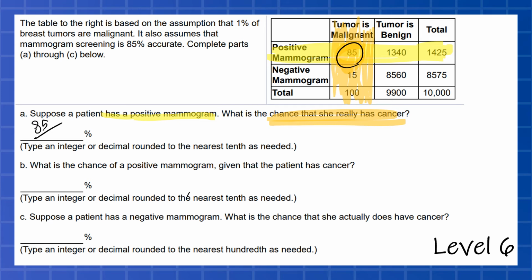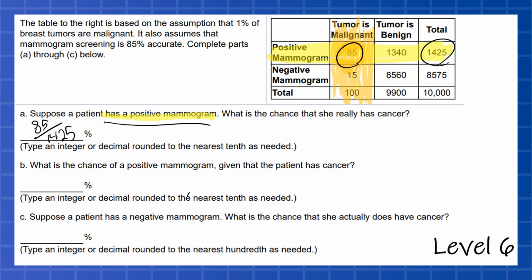But we're not talking about the absolute, we're not talking about the big picture, so don't put 10,000 on the bottom. When we talk about total, we need to ask, total of what? Total of the context. We said, first off, they have a positive mammogram. So the total that has a positive mammogram is right there. The total needs to be the context total. And if we type that in, we're going to get our percent.